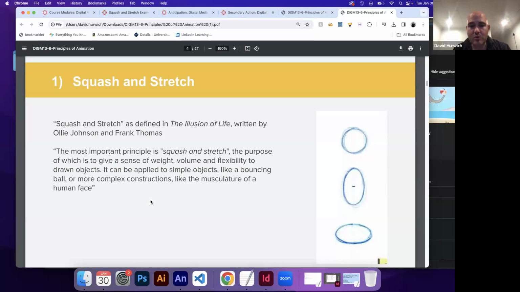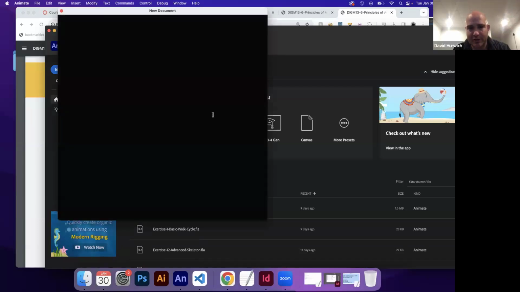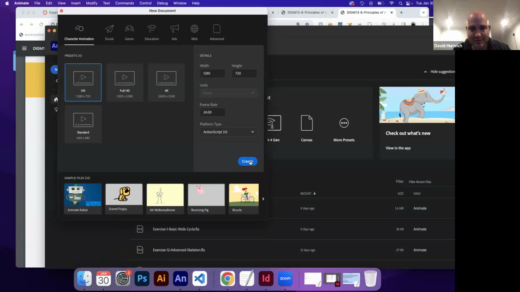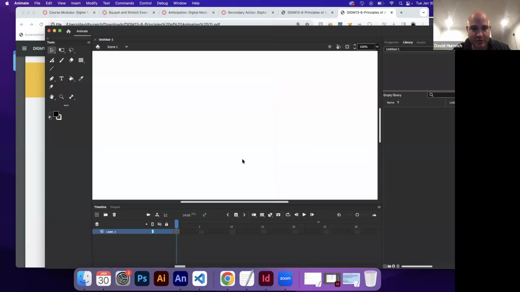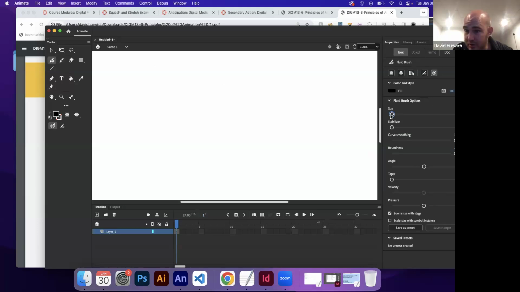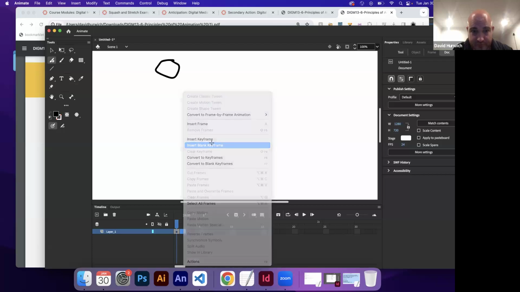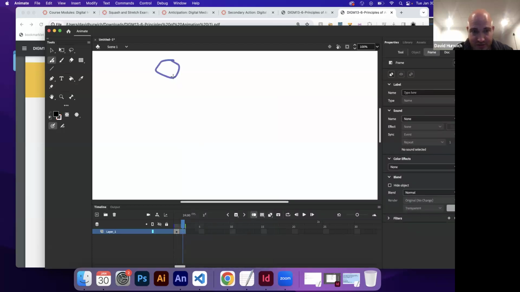Okay. So I'm going to try to draw something really quickly in Adobe Animate. We'll see how well that goes, but I'll try. So let's say I'm just going to draw a circle. I'll do a little thinner here. So, okay, there's my circle. I'll use some onion skinning here.